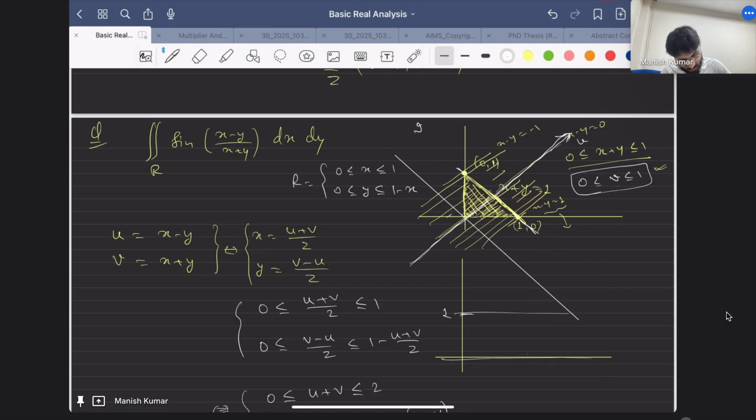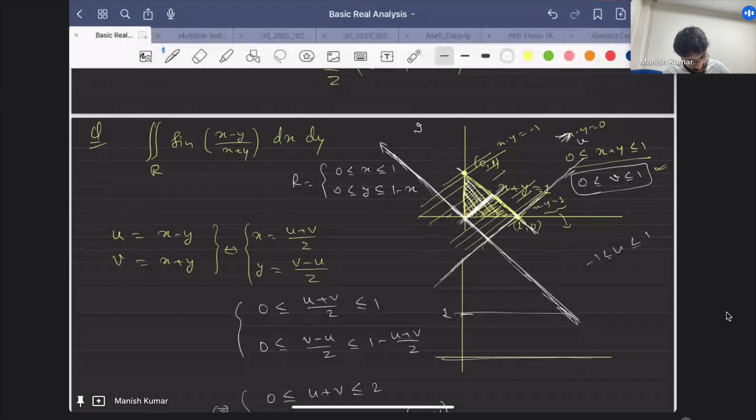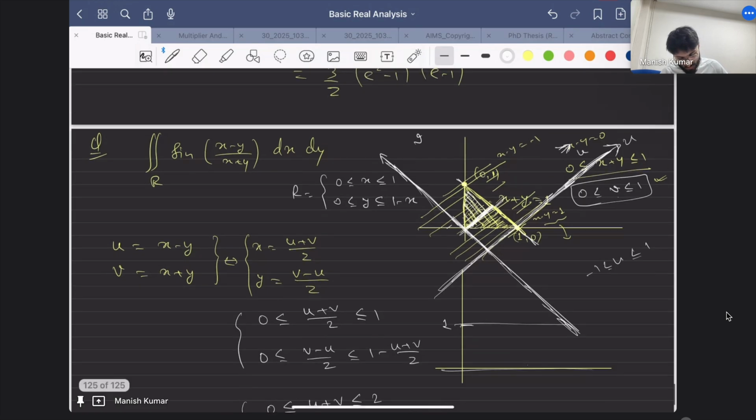Okay, so this is my v, and now you can think v is from 0 to 1, and u is varying from here to here. If you want, you can take the u coordinate to be here. I wrote earlier this kind of thing, so to escape this, maybe I can write it this way. Let's take my u coordinate over here. So this is u equals x minus y. Let me just switch this off.